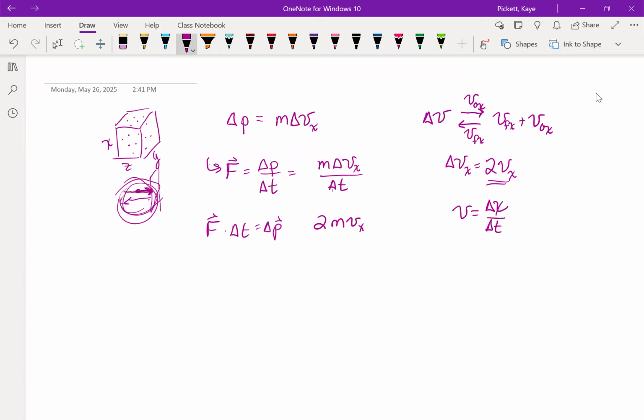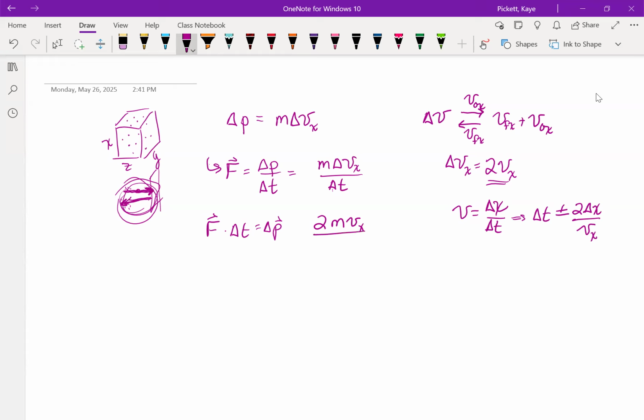Well, the time between collisions is actually twice the x. So delta t is 2 delta x divided by v, because it's got to go all the way over and all the way back. It's got to have two of those. And that's going to give me my delta t.